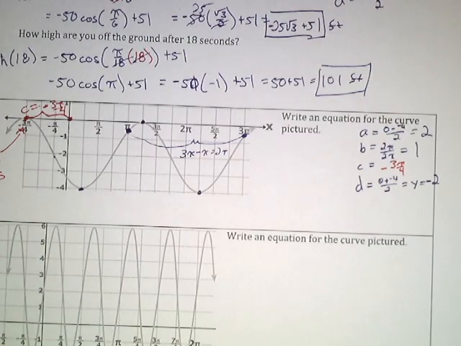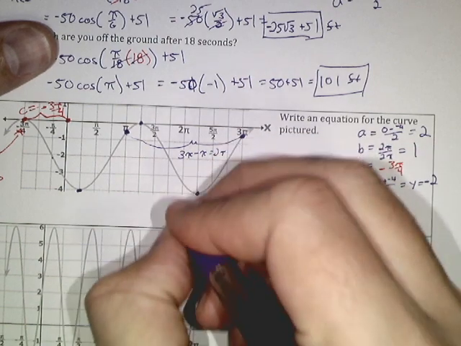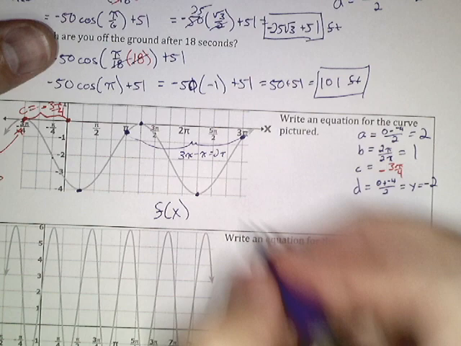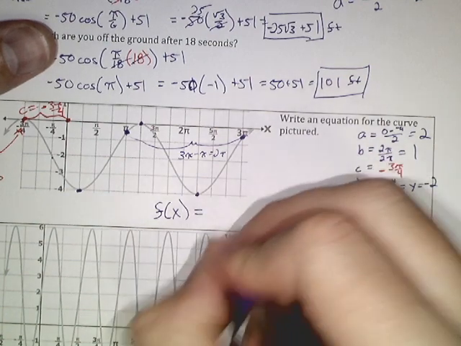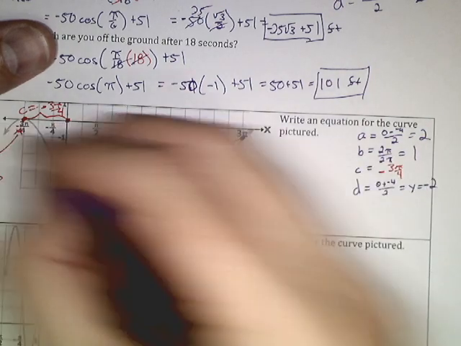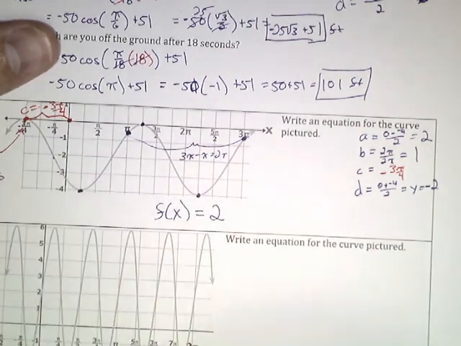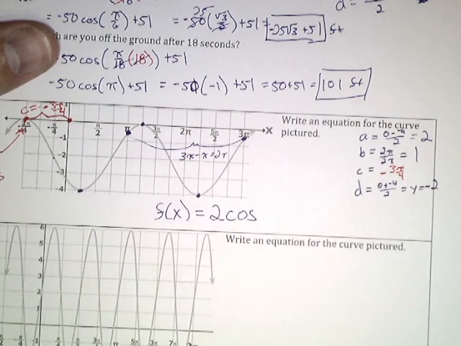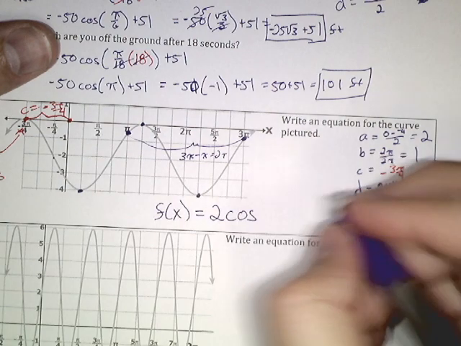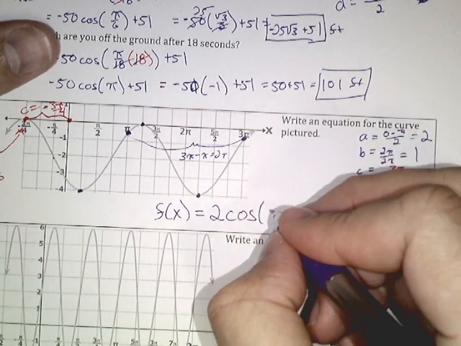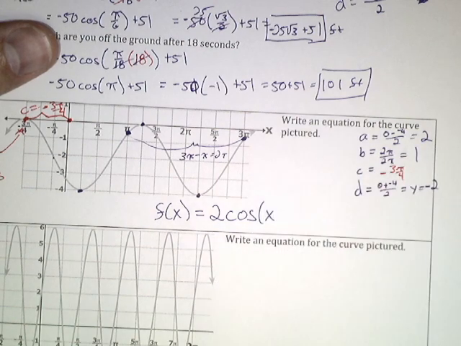I changed colors because it's right and kind of snug in there. So one of the equations I can use is f of x is equal to 2, that's my amplitude, and since I measured to a max for my C value, I'm going to use cosine, and it's positive since it's a max. My B is 1, so I don't even need to write anything in there.